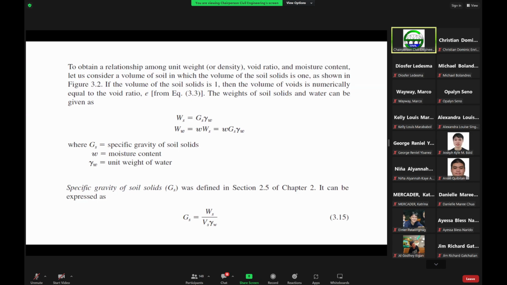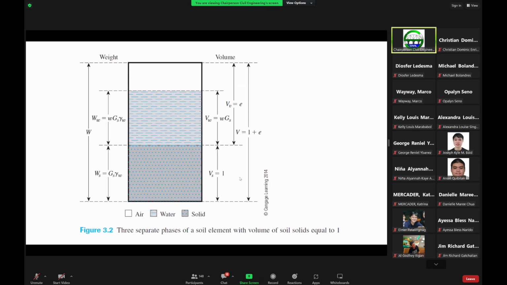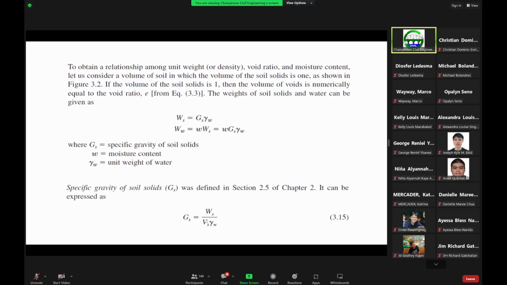If you divide the unit weight of the soil solids by the unit weight of water, that will give you the specific gravity of the soil solids. So if the volume of solids here is equal to 1, then this will become 1. That means the weight of the soil solids will now be equal to the specific gravity of the soil solids multiplied by the unit weight of water. Hence, we now have this equation here.